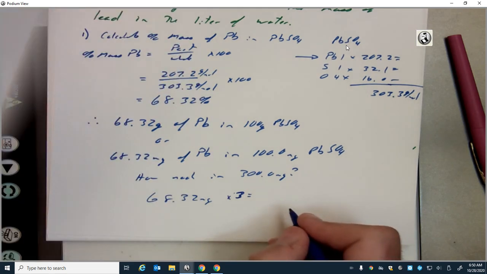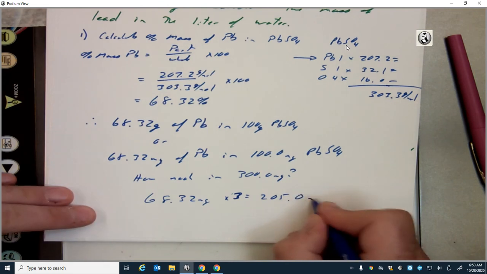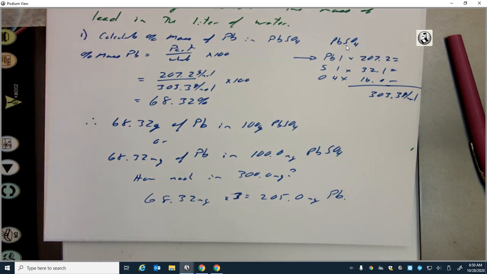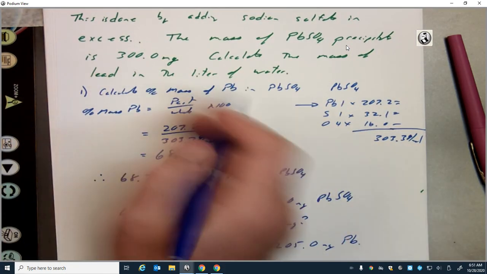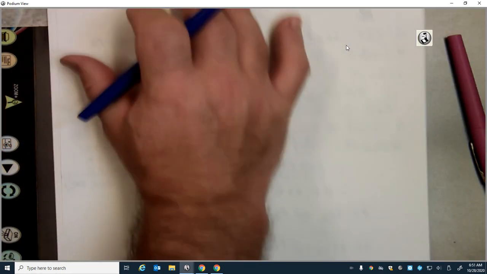And I ended up with 205.0 milligrams of lead. All right. Again, just lots of different ways to do volumetric analysis. Okay, so this is just another way using my percent mass.